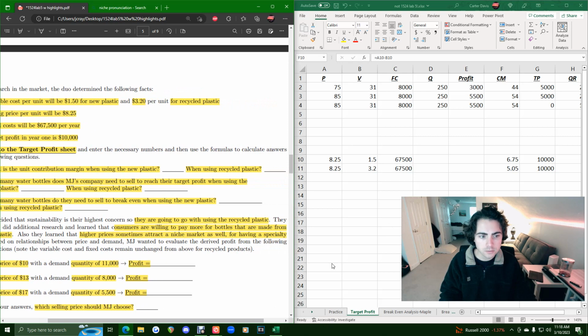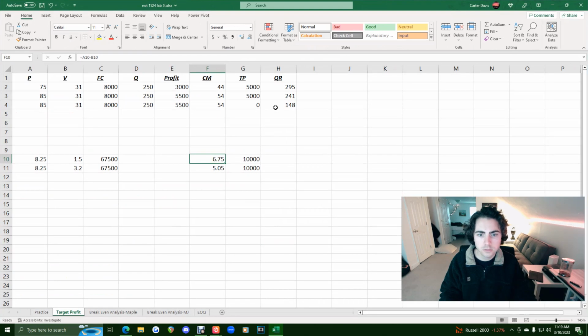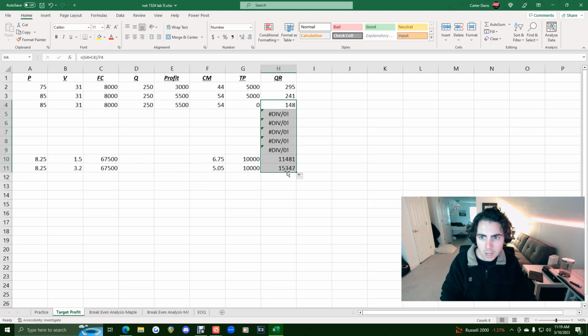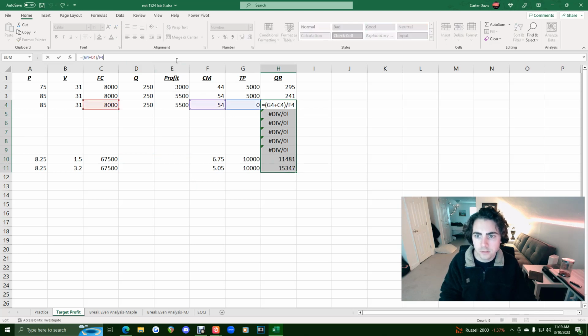So I think also we should be able to just drag this down. Let's see what we can just drag down here. So there's profit. But I guess we don't have a quantity here, so that's going to look stupid. Let's just do this. There you go. As long as this doesn't reference the empty cells, we should be good.